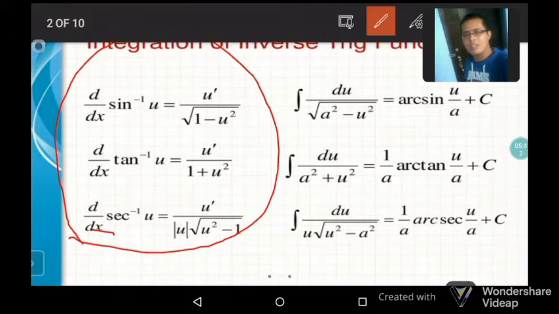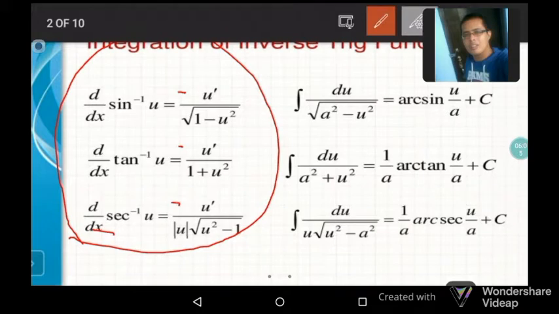So pag kukunin mo derivative of arc cosine, ini-negative mo lang ito. Derivative mo arc cotangent, negative mo lang din yan. Ang derivative ng cosecant, negative lang din yan. Okay. So ganun lang naman kasimple, no?